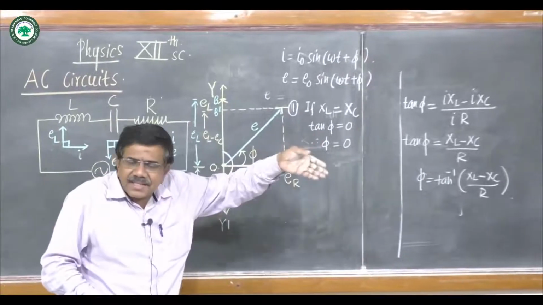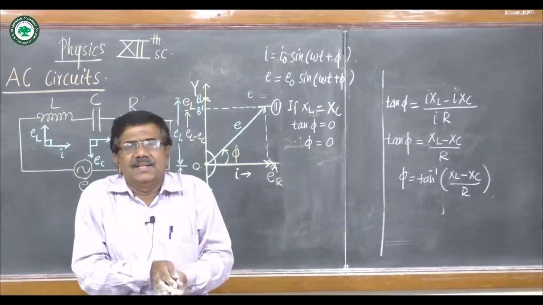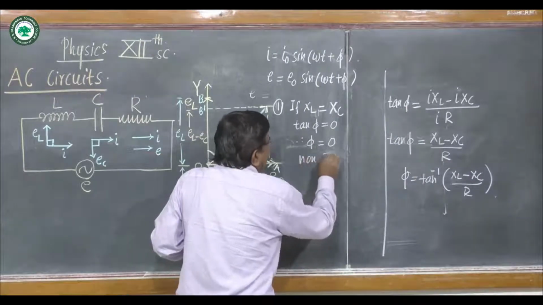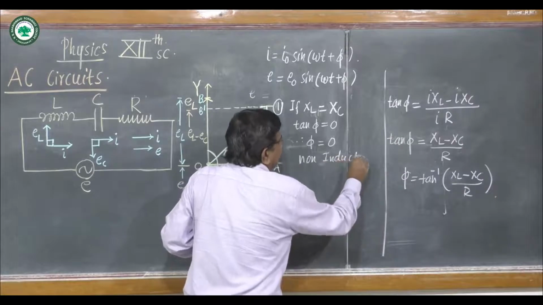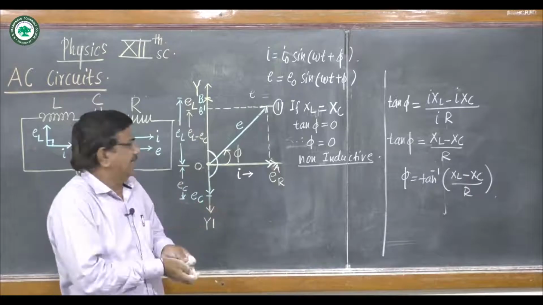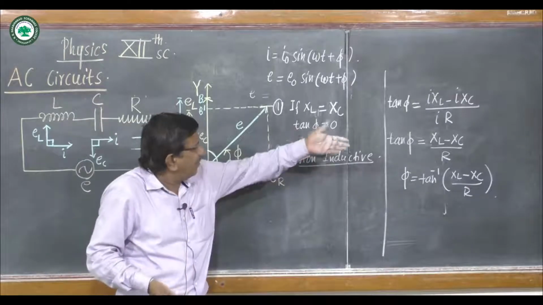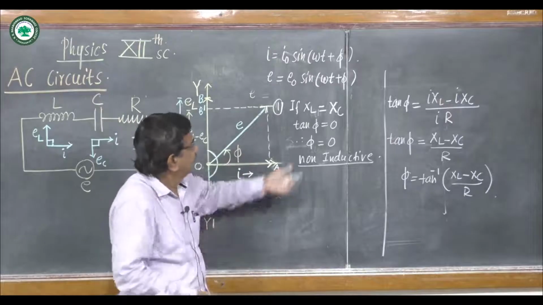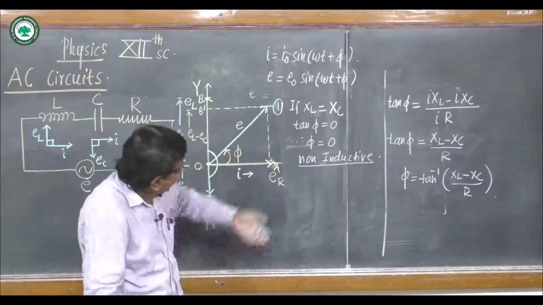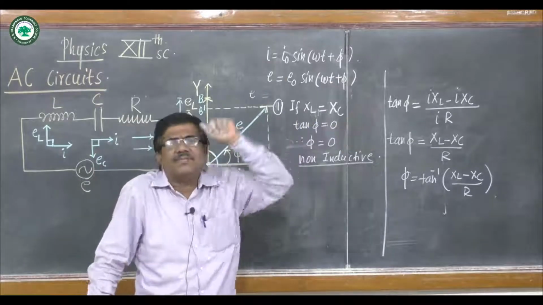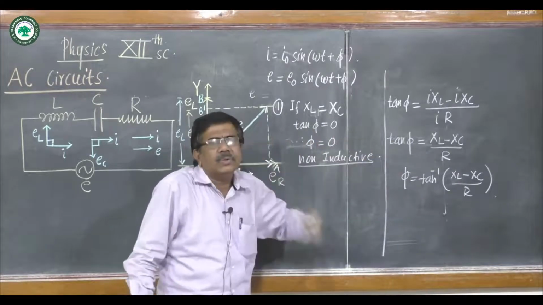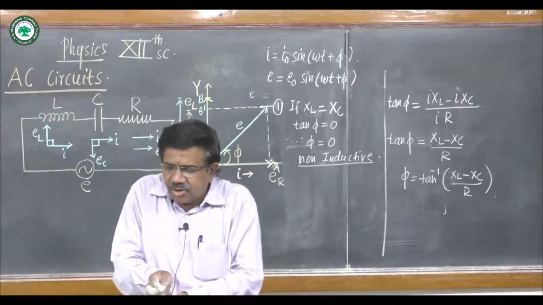Voltage and current are in the same phase. The AC circuit is said to be non-inductive, or we may say it is a resistive circuit, because for a resistive circuit EMF and current are in the same phase.